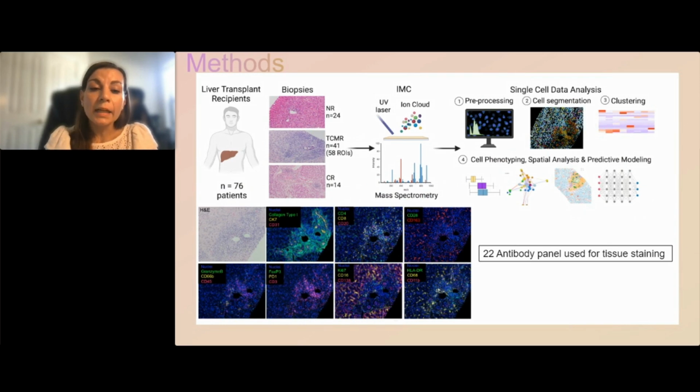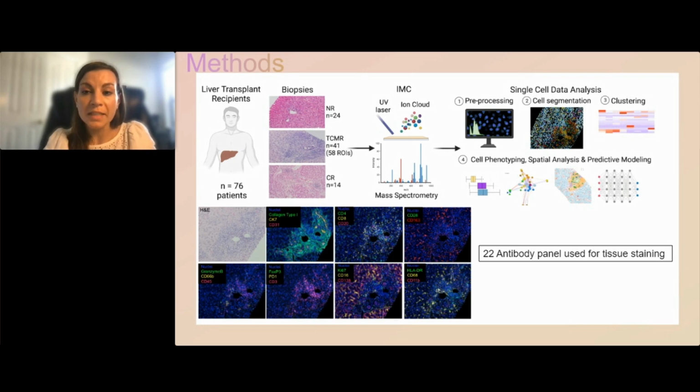So we selected different sample types, in particular 24 non-rejection cases, 41 cases showing acute T-cell mediated rejection, which included a total of 58 regions of interest, and 14 cases of chronic rejection.